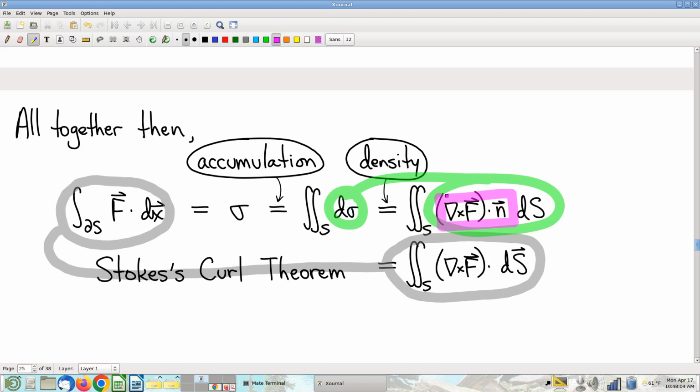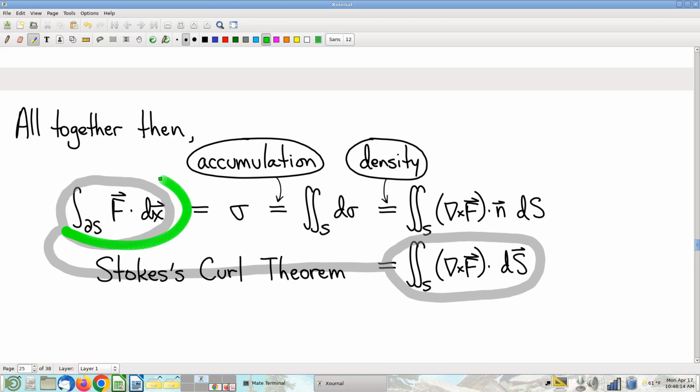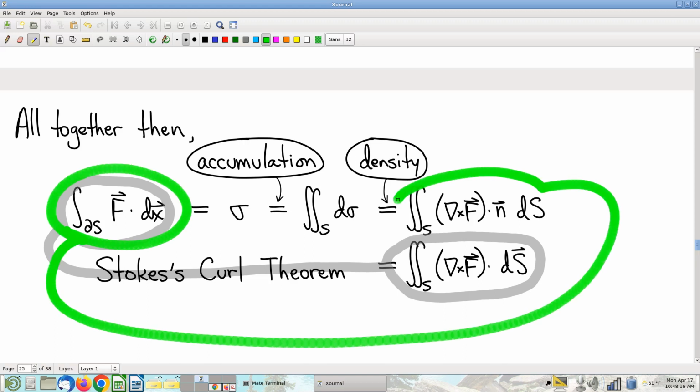Stuff equals stuff per unit area times area. And check it out, we've got ourselves a theorem. If you want to compute a vector line integral, you can do so with a vector surface integral of the curl of your original vector field through the surface whose boundary is your original curve.